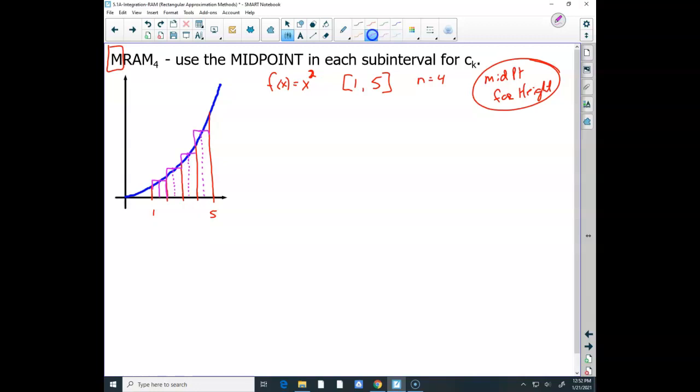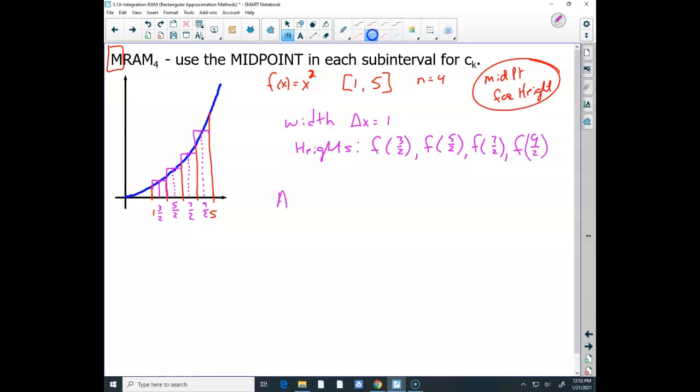And I'm not going to use 1.5. I'm going to use 3 halves, 5 halves, 7 halves, and 9 halves, because I'm better at squaring fractions than I am at squaring decimals. Okay? And the very last thing I'm going to be doing here, we know our width, we know that delta x is 1. We know our heights are going to come from f of 3/2, f of 5/2, f of 7/2, and f of 9/2. Those are my heights.